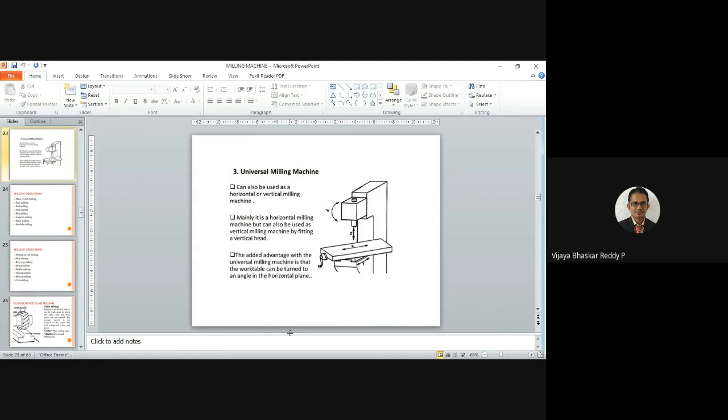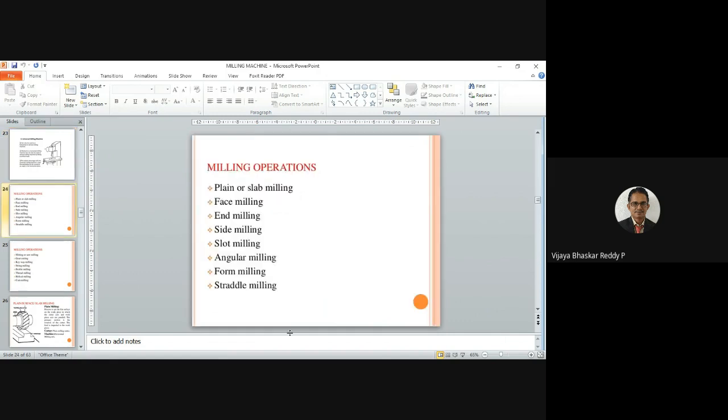Right? And what are the operations that we can perform with milling machines? The plane and slab milling process, face milling process, end milling process, side milling process. We can generate slots, keyholes or something else. Angular milling process, form milling process, and straddle milling process.